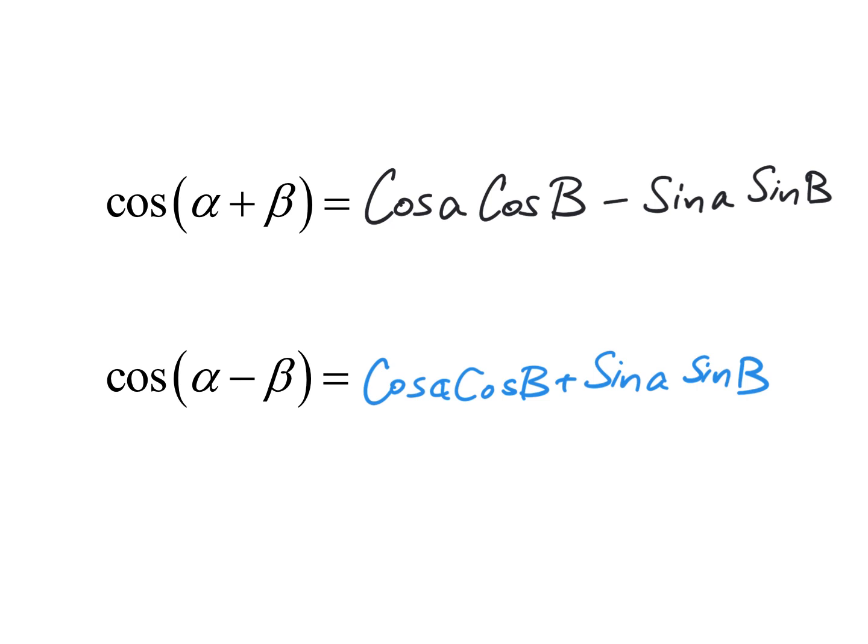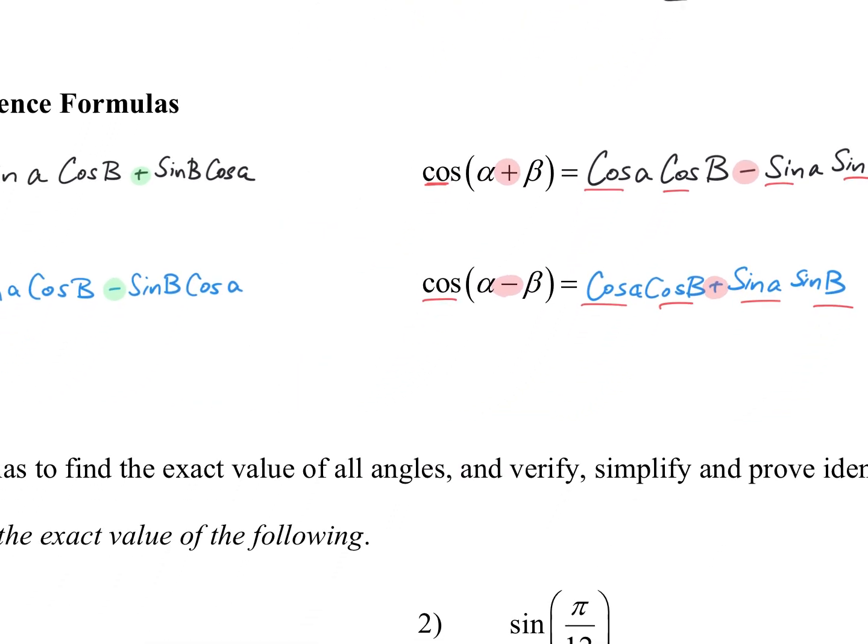Unlike our sine sum formulas, the sign is not matching here. You can see that the signs must be opposite with our cosine sum formulas. One other thing that I've thought of over the years is that cosine is coupled up: cosine, sine, sine. Cosine is coupled up here again. Just a mnemonic, just a way that is stuck in my brain over the years.